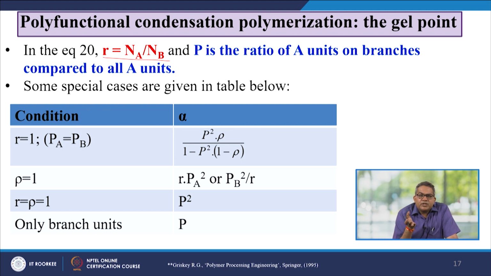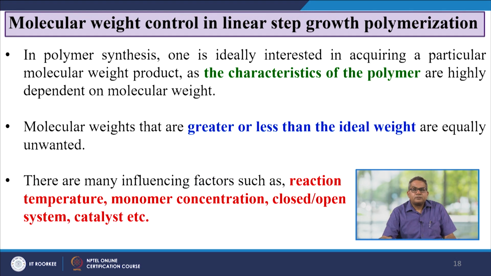We have also represented several special cases, with conditions like R equal to 1 and PA equal to PB. Then what will be the nature of alpha? For ease of convenience, you can work out the different equations based on these conditions.